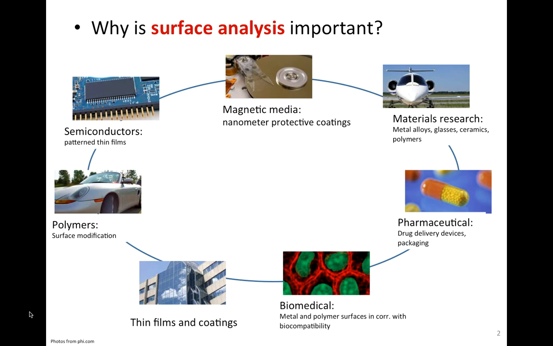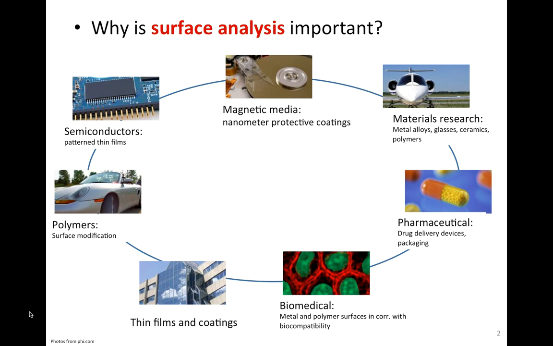And for materials research, this is used in metal alloys, glasses, ceramics, and polymers. And speaking about polymers, you can see the surface modification of polymers for adhesion and also for the delivery of drugs and packaging. And of course, thin films and coatings in windows for self-cleaning.